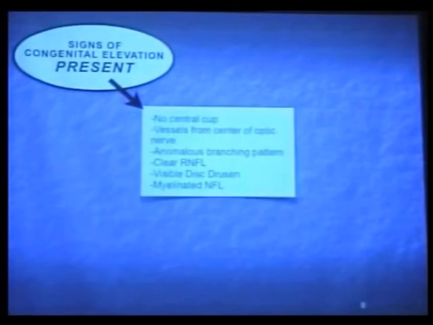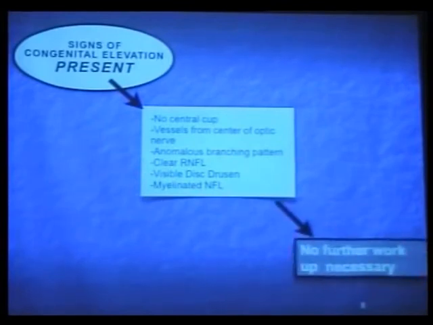So if you see signs of a congenitally anomalous disc, no central cup, the vessels come from the center, anomalous branching patterns of the large vessels, a clear retinal nerve fiber layer, and some other cause that makes it look elevated like drusen or myelinated nerve fibers, that's pseudopapilledema, and no further workup is necessary.